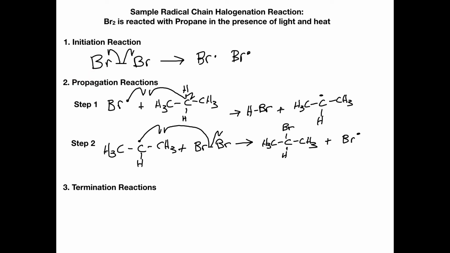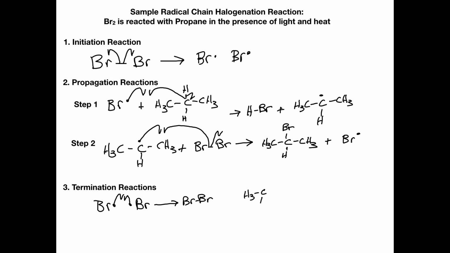And then finally there are chain termination steps or reactions, and that is when any two radicals come together to form a product that does not have a radical. So if we happen to have two bromines side by side and they're reactive, they would form Br2, which we see here. That would be an example of a chain termination step.